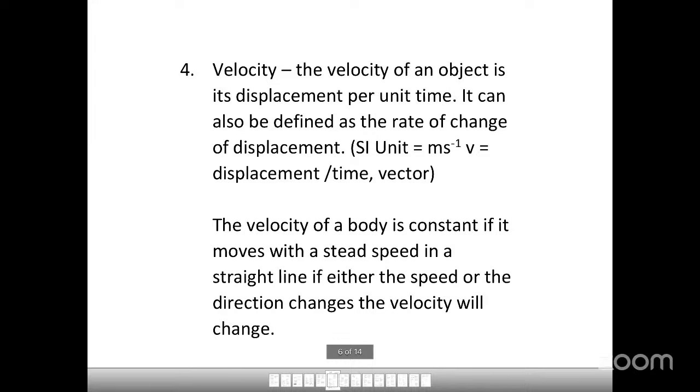So please remember this: if I have an object going this way and the speed is positive, then if the object goes in the opposite direction, the speed is negative. So remember that velocity is displacement per unit time, and it's also a vector quantity.